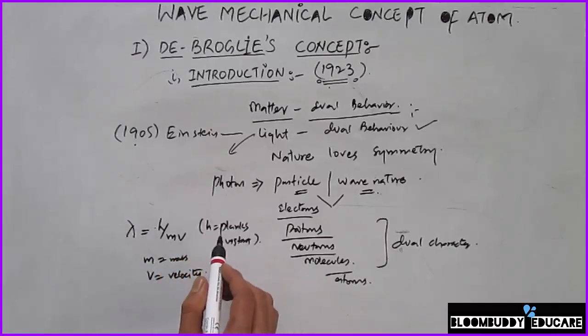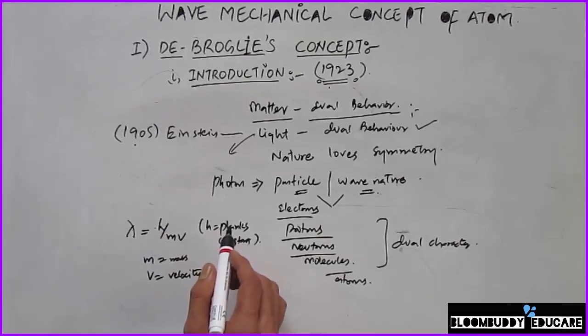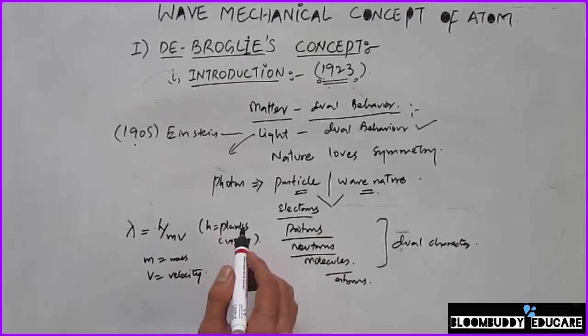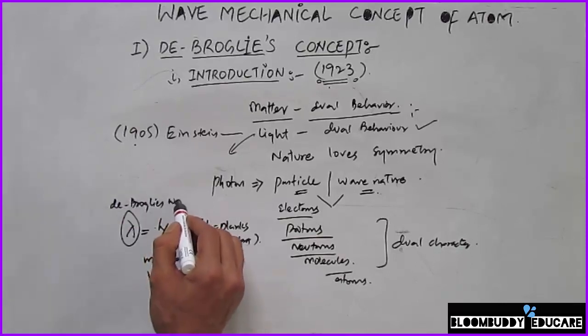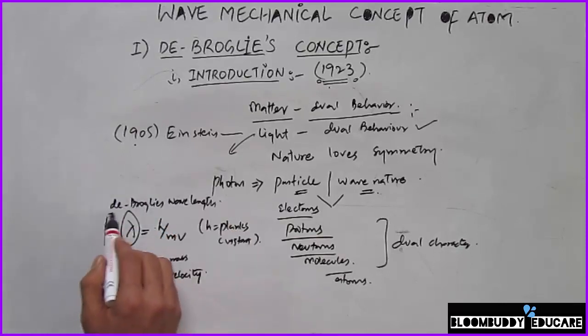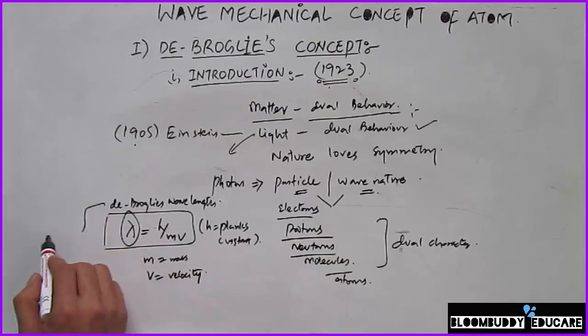This equation is called the de Broglie's wave equation and lambda is called the de Broglie's wavelength. So this is de Broglie's wavelength and the whole equation is called the de Broglie's wave equation.